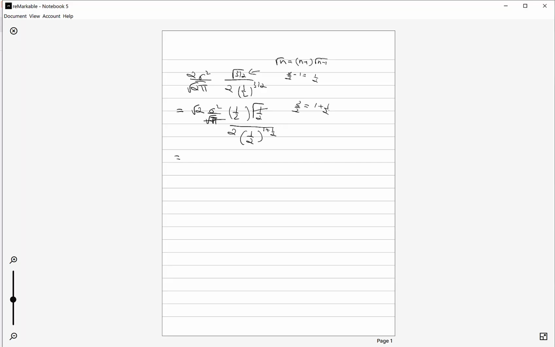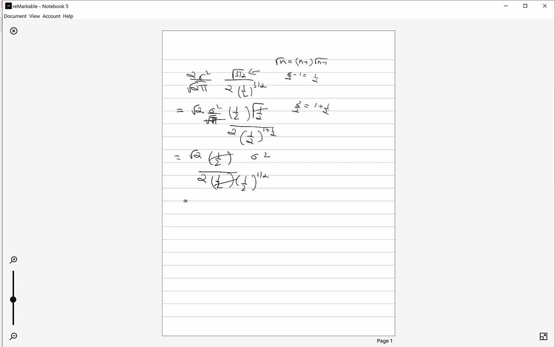So that cancels out. Then we have this square root here, this half here, we have this 2 in the denominator. Of course, we have the sigma square. This half can be written as half times half raised to half, right? And so now this cancels, this cancels.